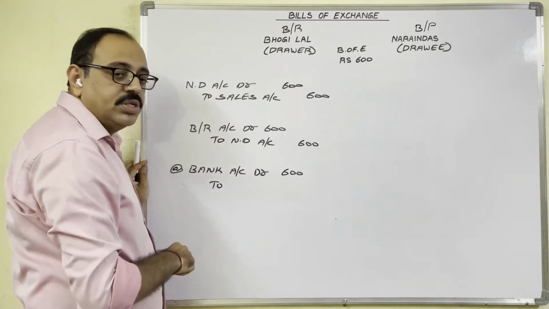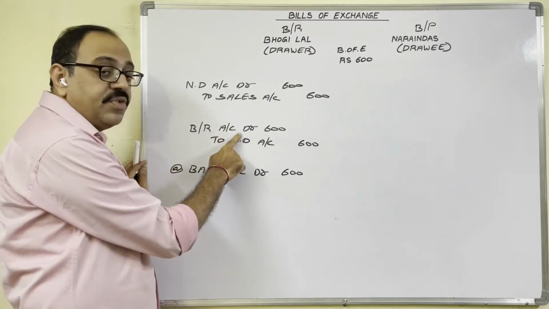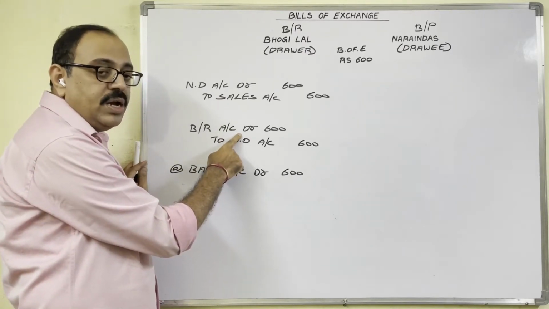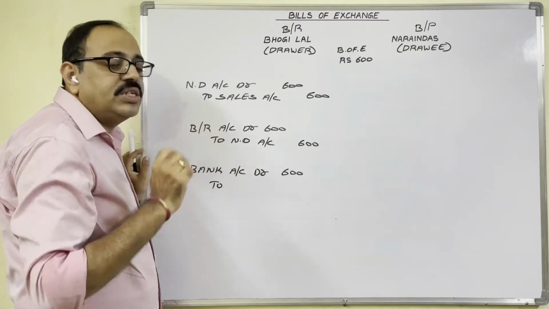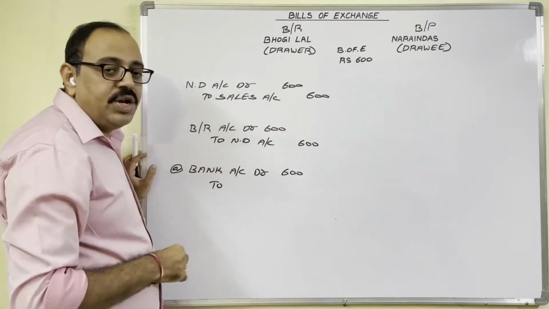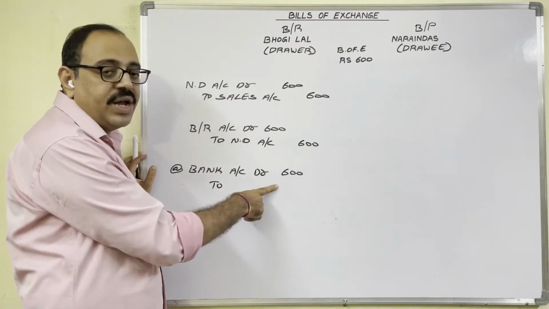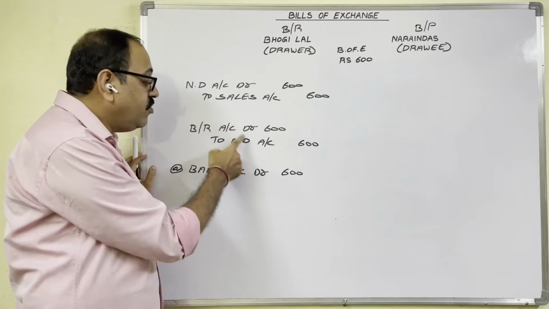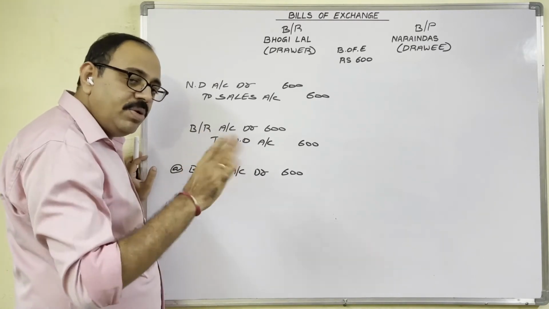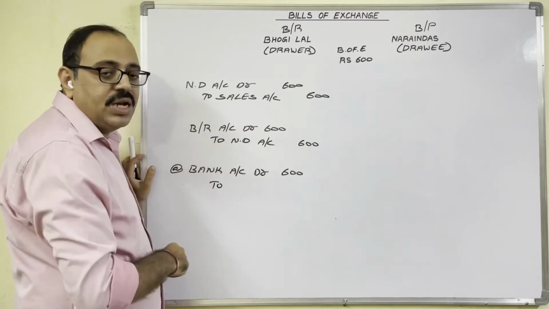Bills receivable account. Why? Because by writing the second entry, we wrote in the books that we have a bill of exchange with us, on which we are going to receive 600 rupees. It is an asset. When we receive that 600, there is no value for this bill, no? So the bill will be cancelled. Means this asset we should cancel now.